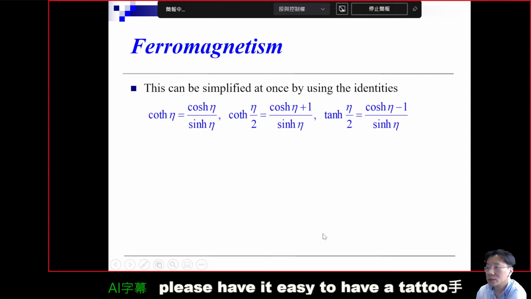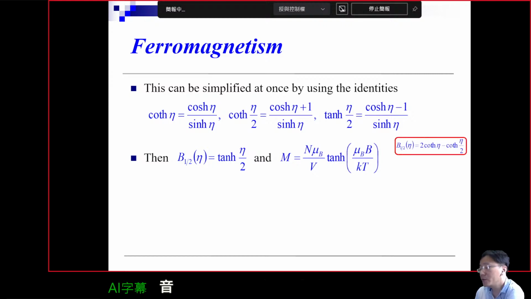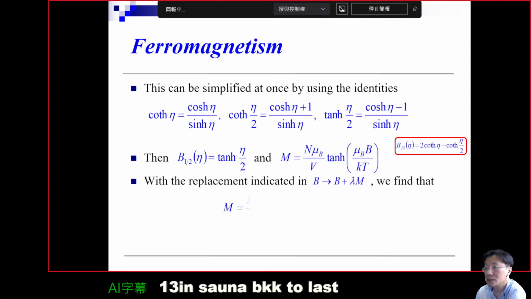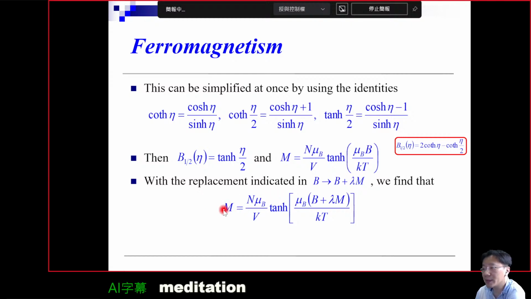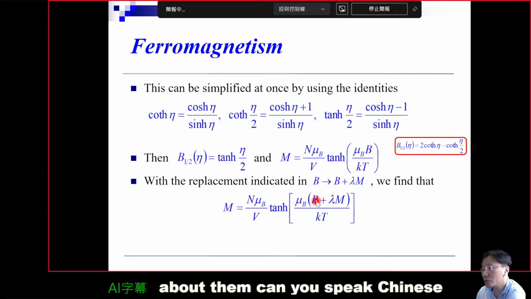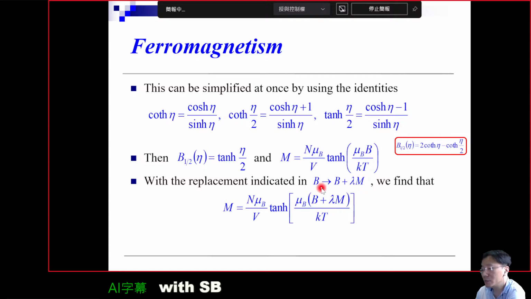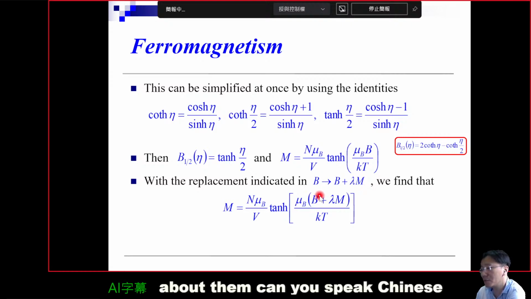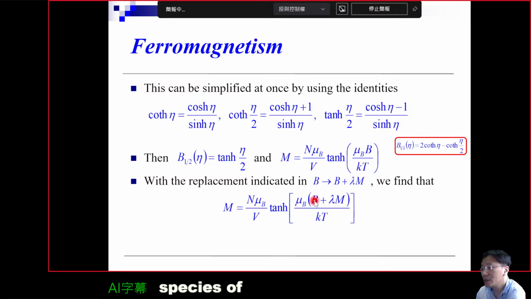So with some algebra, we can write the magnetization in this form, and in this case, if we talk about spontaneous magnetization, we can just remove the B, which means the environment lacks an external magnetic field. The magnetic field is solely coming from the internal magnetization.